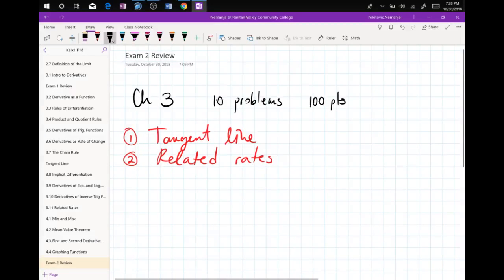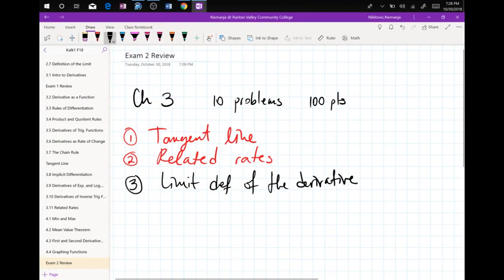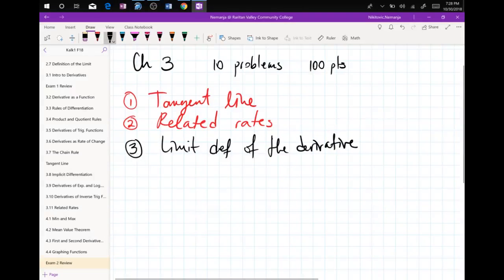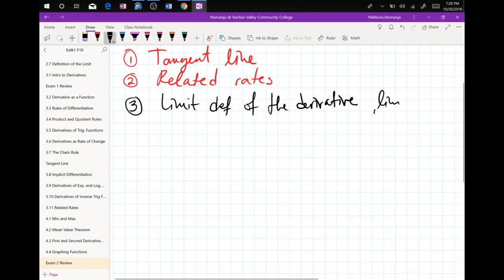Well, we have a limit definition of the derivative. If you don't remember it, that was the limit as h goes to 0 of f of x plus h minus f of x over h.